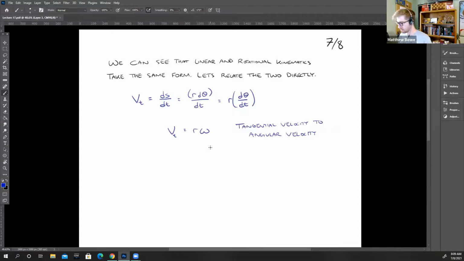What about the acceleration? Okay, similar sort of thing. We have this tangential acceleration. If we have this curved path, tangential velocity is just a straight line going straight up.